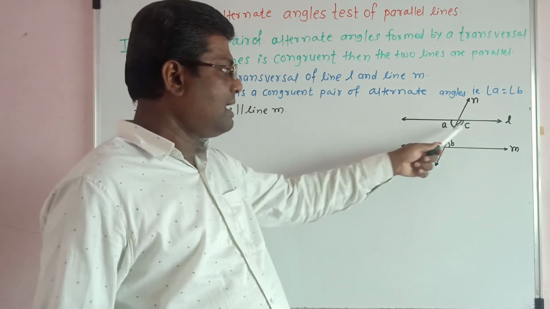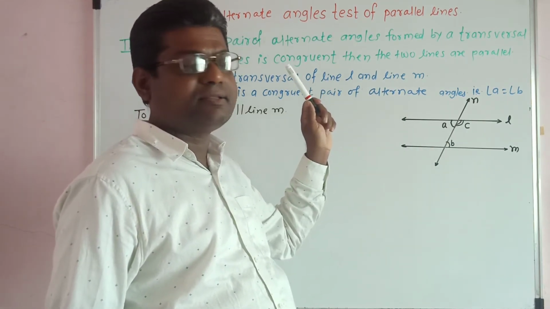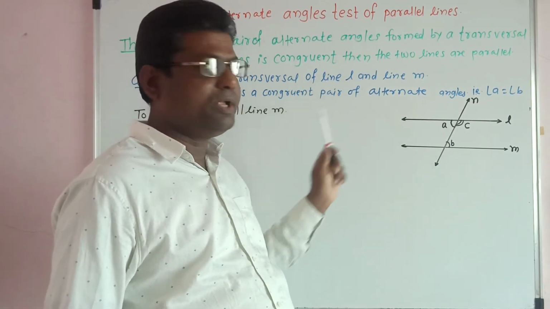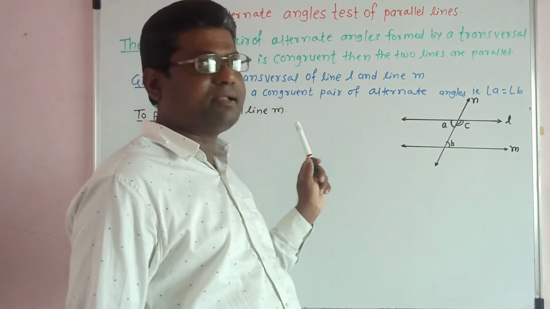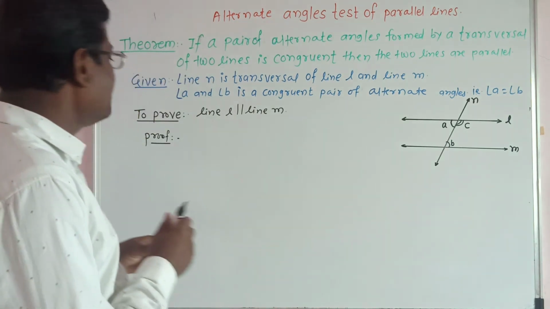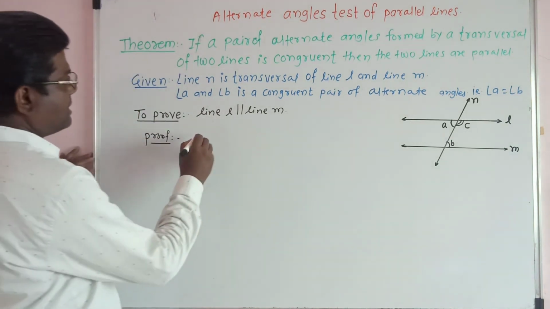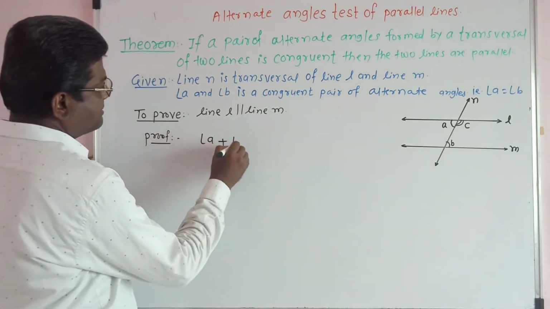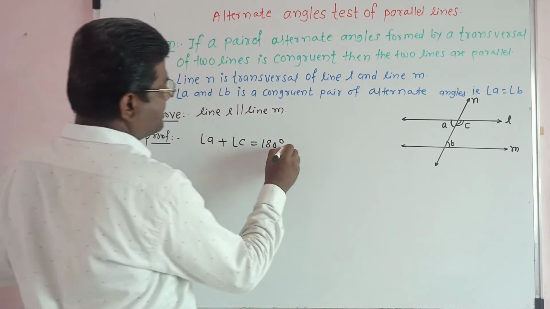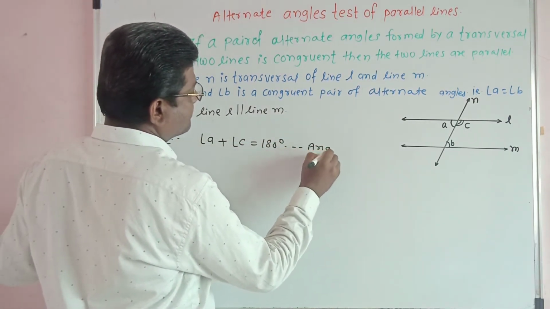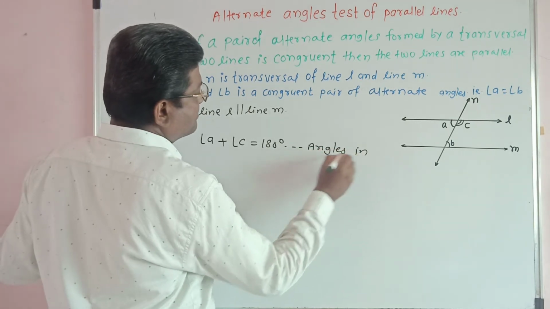Now angle A and angle C are angles in a linear pair. We know that the sum of angles in a linear pair is 180 degrees, that is, they are supplementary. Therefore we write the proof: angle A plus angle C is equal to 180 degrees, and the reason is angles in linear pair.